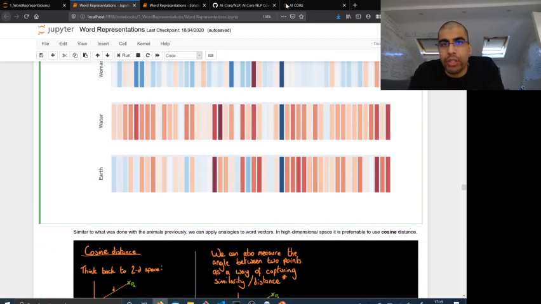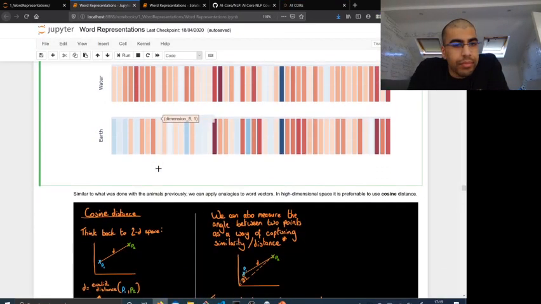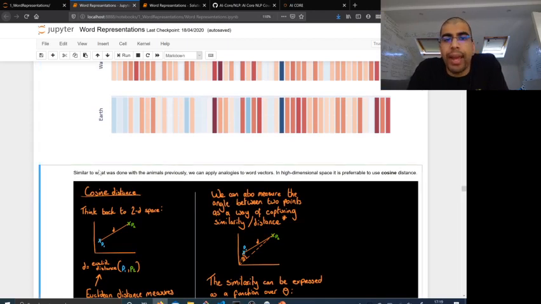As I mentioned already, we can apply analogies to word vectors, and obviously these analogies take place by using the concept of distance. In high dimensional space, the norm is to use cosine distance instead of Euclidean distance, but the reason for this isn't entirely strong.